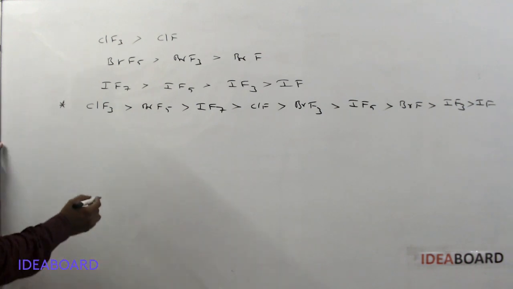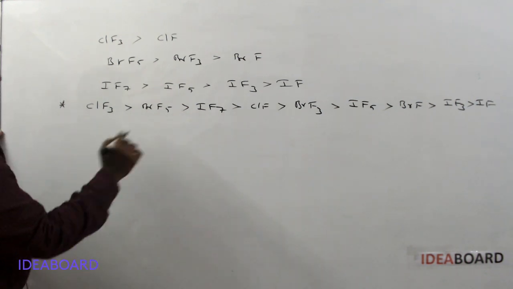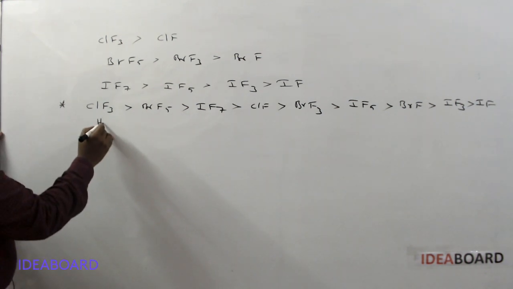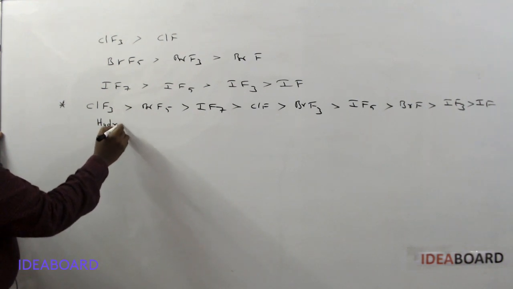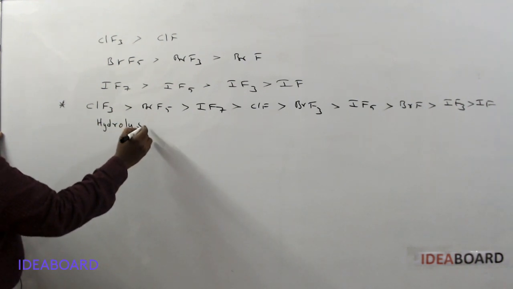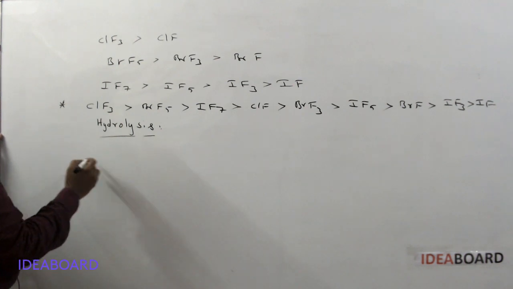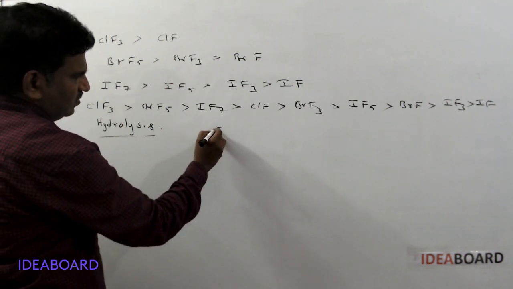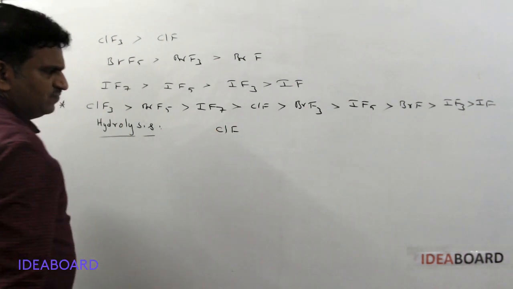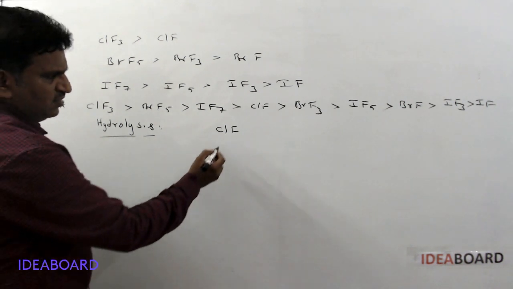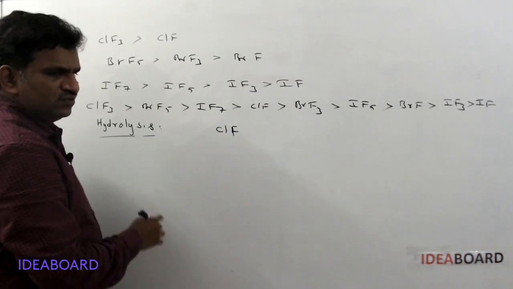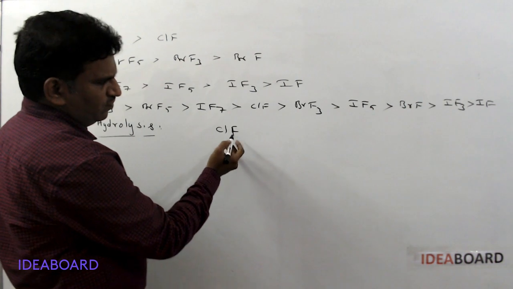Next, all these interhalogens undergo hydrolysis reactions. Please remember, this is also important: the hydrolysis reaction of interhalogen compounds. In this hydrolysis reaction, suppose a monohalide is taken, chlorine monofluoride.